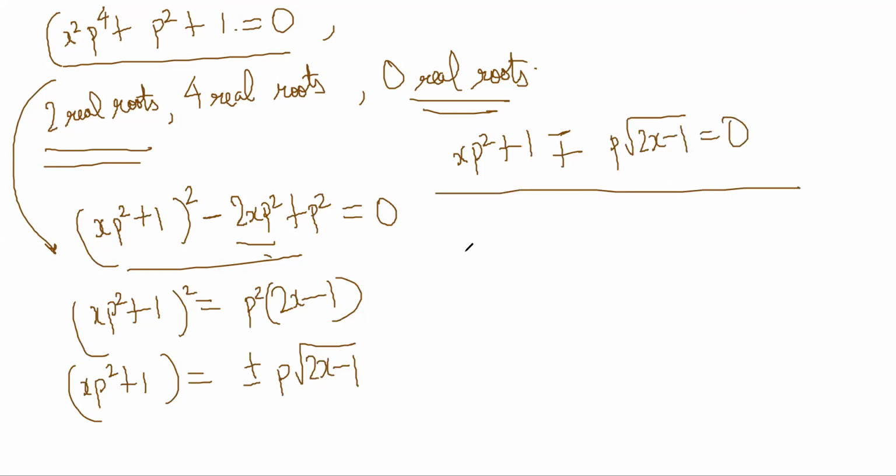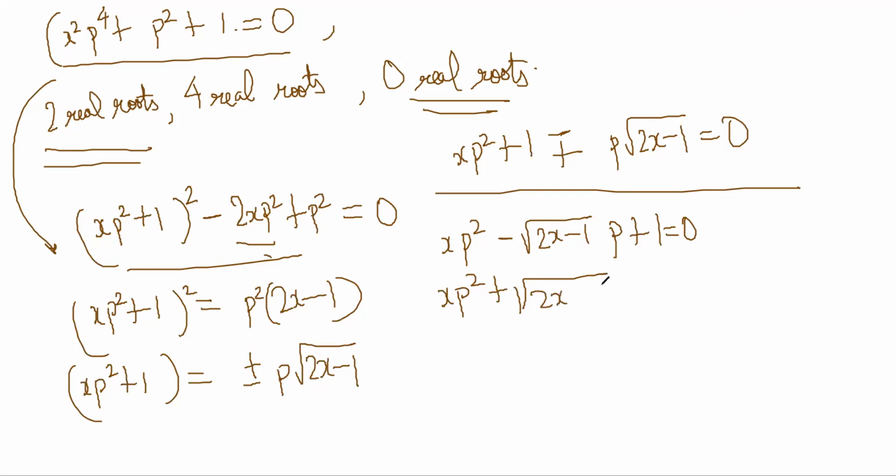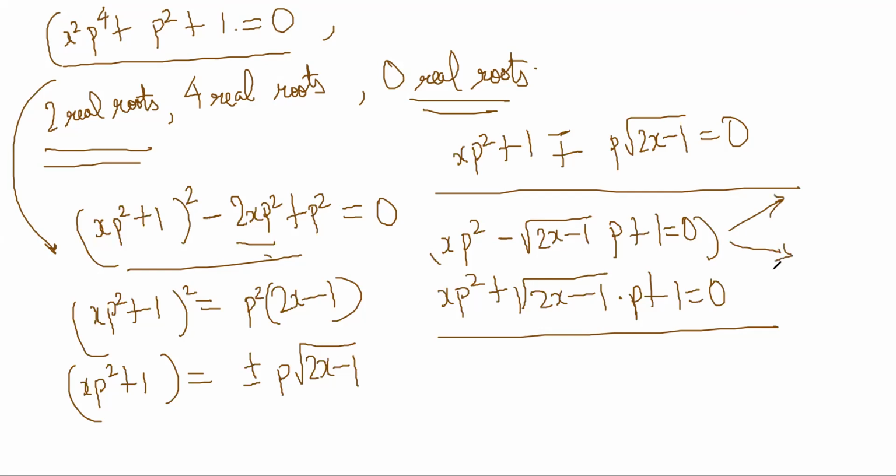So this is now a quadratic in p. x p square minus root 2x minus 1 into p plus 1 is equal to 0, and the other quadratic is x p square plus root 2x minus 1 into p plus 1 is equal to 0. So now this quadratic could have some roots for p, and this could also have some roots for p, right?